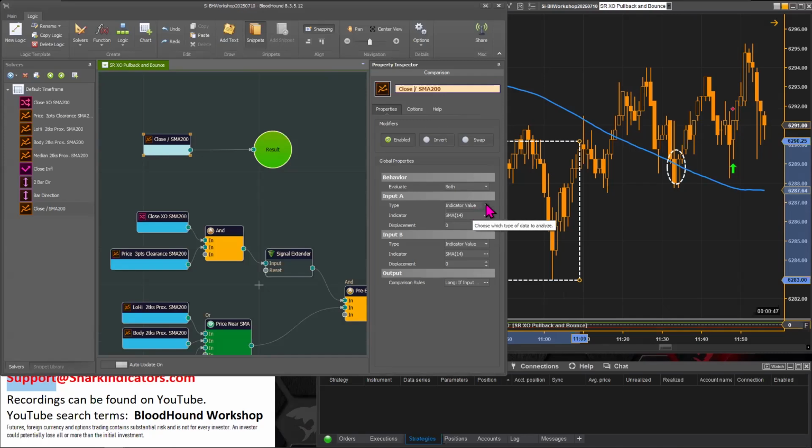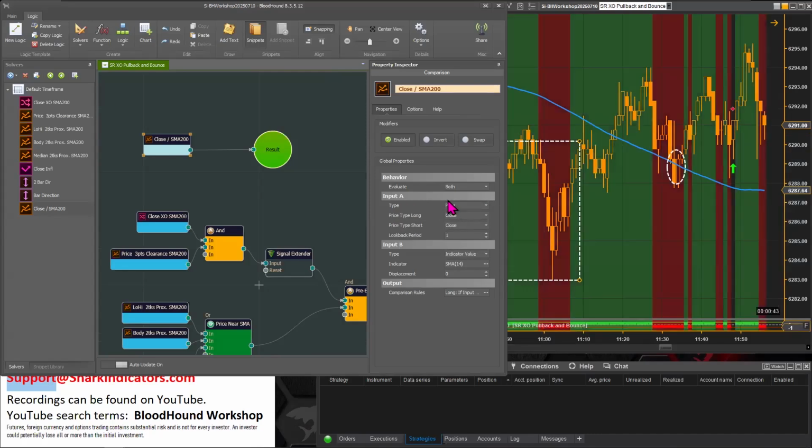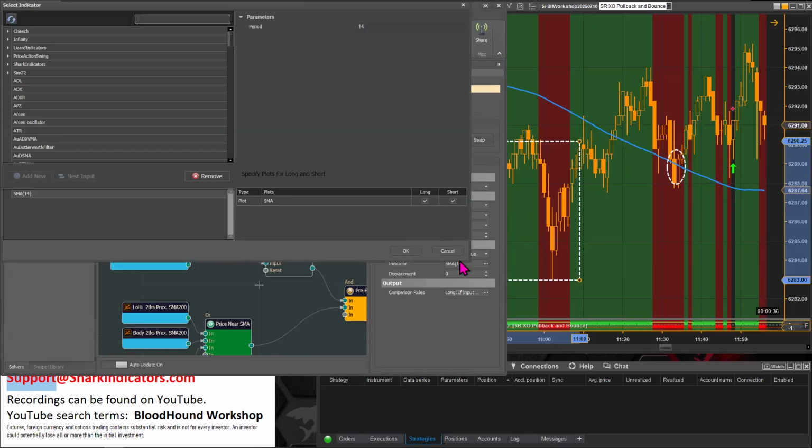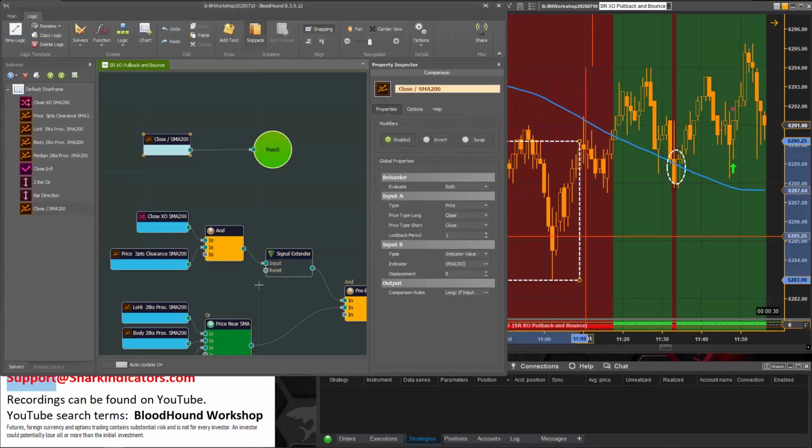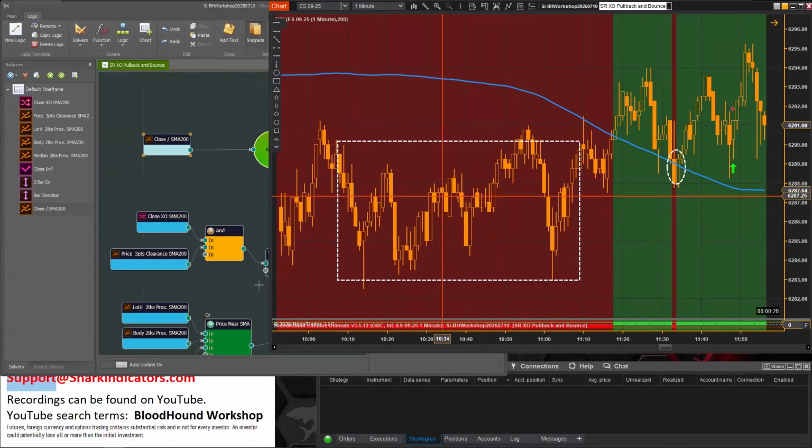So input A, we're going to switch to price and leave it the closing price, and then input B is going to be our SMA 200. Let's just change the period there. Pretty straightforward, right?